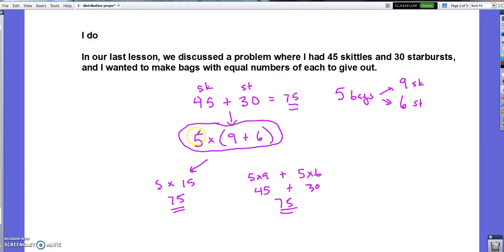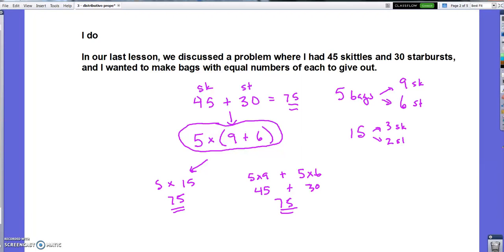Now, I didn't have to pick 5 here. Remember, we found out they had some other common factors too, like, say, 15 was one, right? So we also decided I could make 15 bags. And if I did, each bag would have 3 Skittles and each bag would have 2 Starbursts, right?